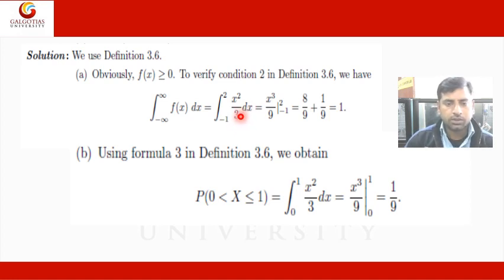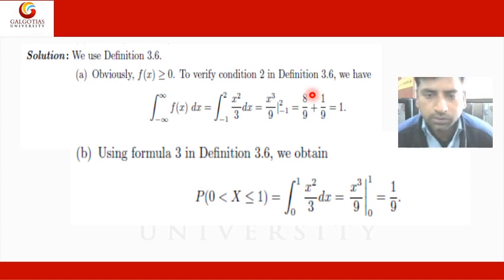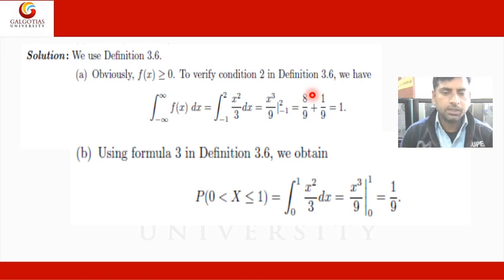The integral of x square upon 3 is x cube upon 9, and we apply the lower and upper limits. First we apply the upper limit, that is 2, which gives 8 upon 9, minus we apply the lower limit, which gives minus 1 upon 9. So the whole answer will be 1, which means we can say that it's a PDF.